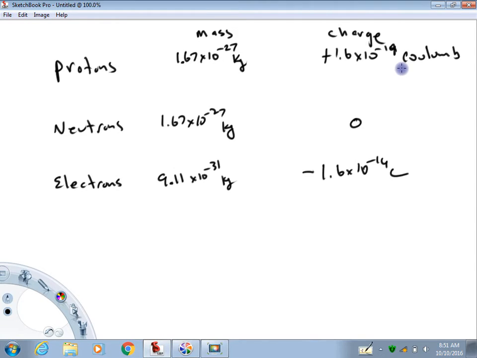It's the smallest quantity that charge comes in. It turns out the protons and neutrons are made up of smaller particles called quarks, but here in this class we're not going to dig any further than the proton, neutron, electron size range. So I'm going to stop this video right here and then start another one.